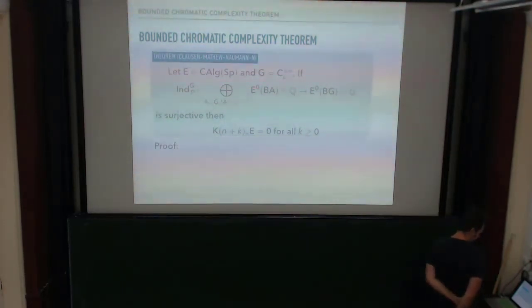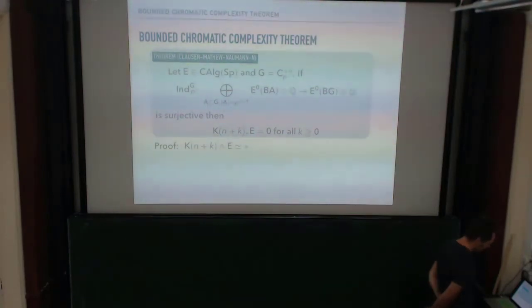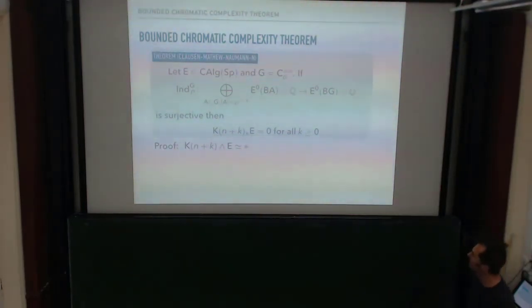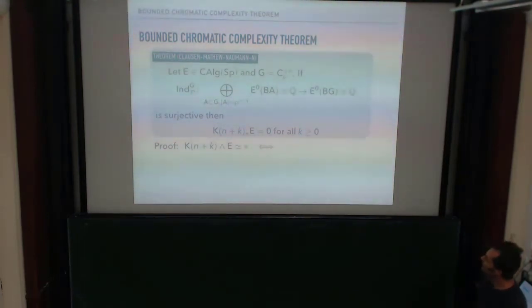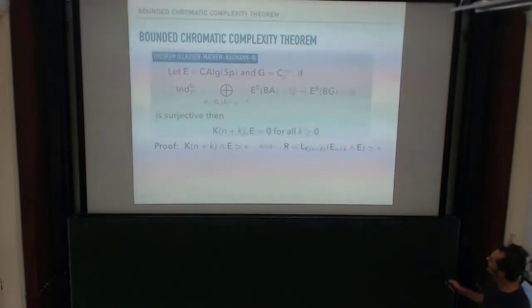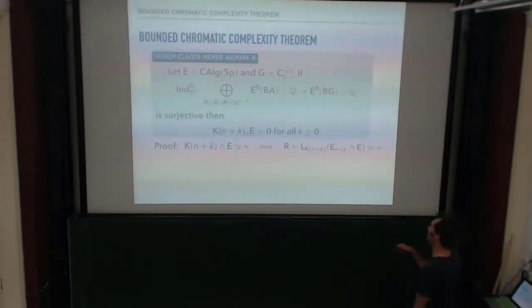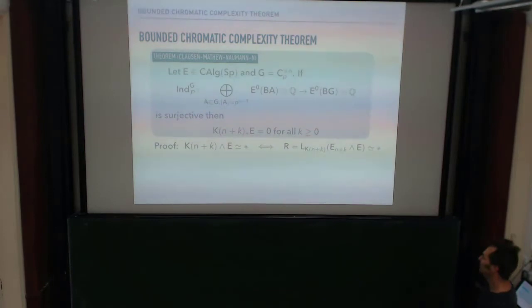Here's a sketch of this proof. I want to show that K(n+k) smash E is 0. Well, that's true if and only if I smash with one of these Lubin-Tate theories and smash with E, and then do this localization and get 0. There's an augmentation map, so this implication is very easy. The other one requires a bit more knowledge.